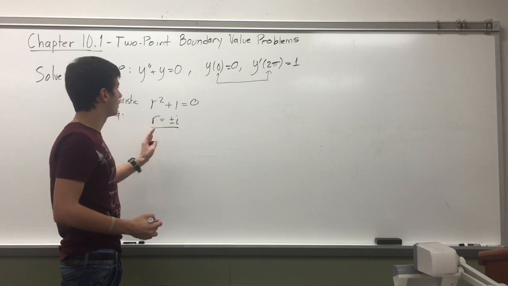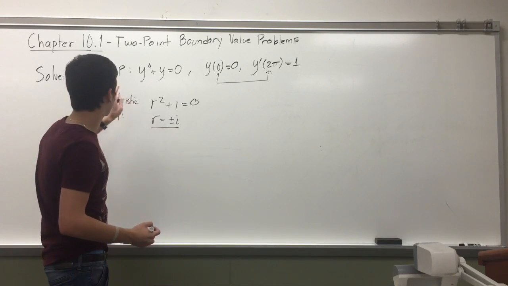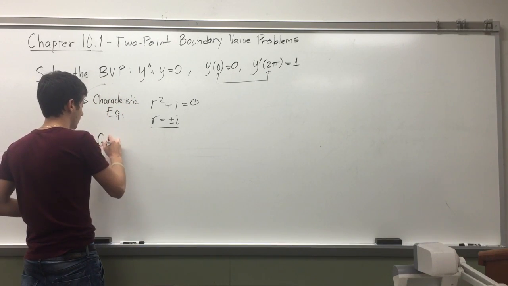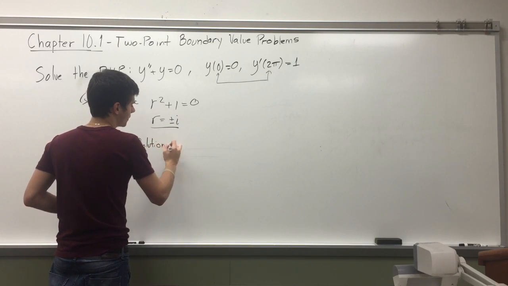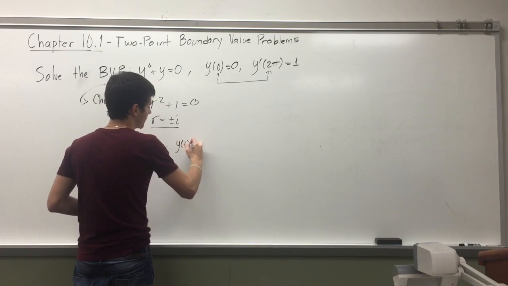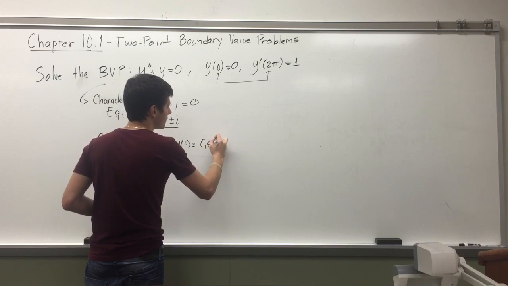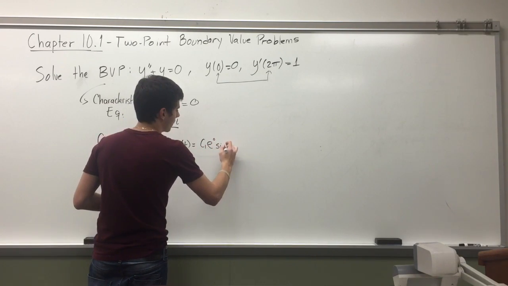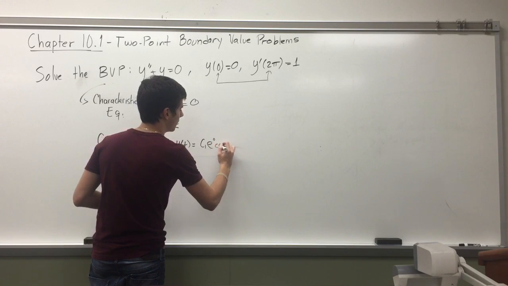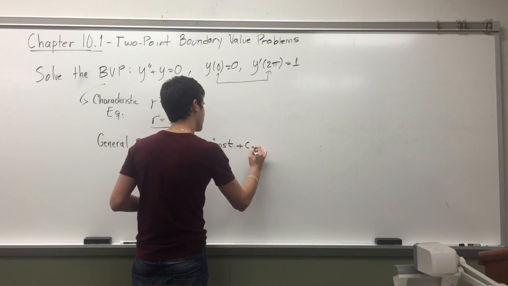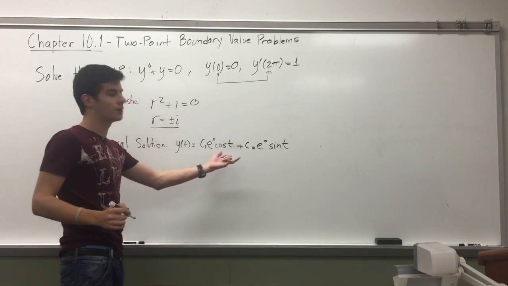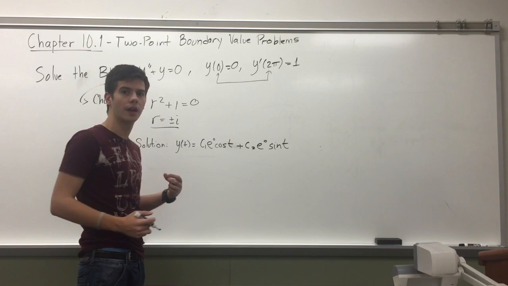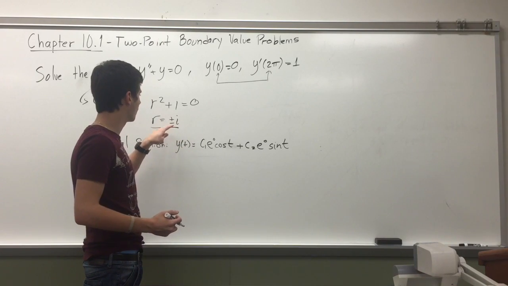So we have this. In order to write the general solution, we'll have y of t is equal to c1 e to the 0 cosine of t plus c2 e to the 0 sine of t. This e to the 0 is here just to show, because we have complex roots, even though the real part is 0.